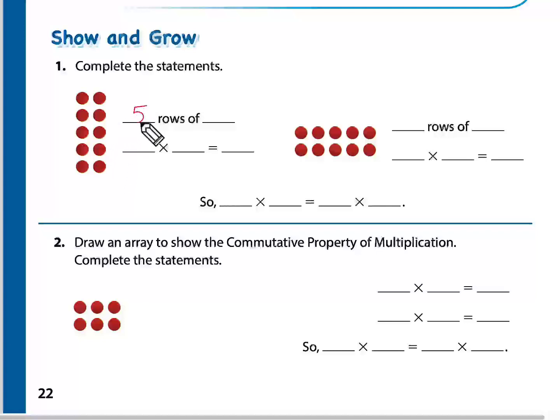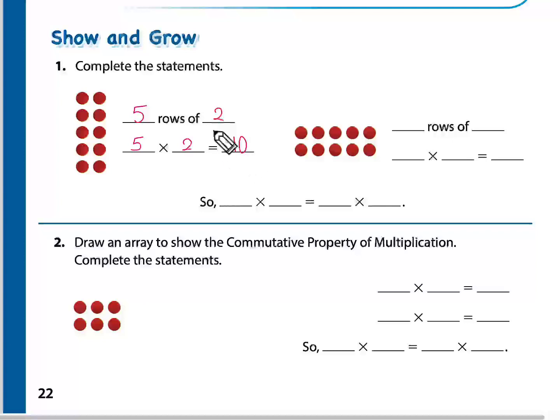So 5 rows, yes, of. Okay, so the multiplication equation is 5 times 2 equals, count them all and tell me what is the product. Excellent. Thank you, my hero.